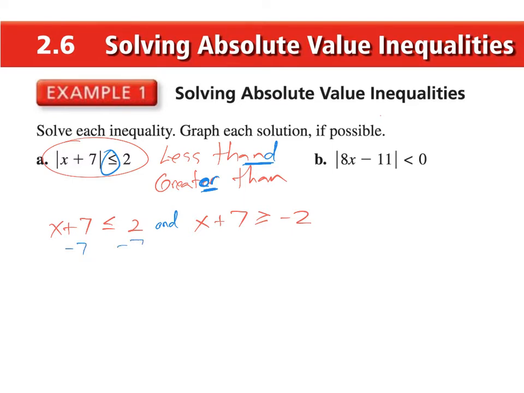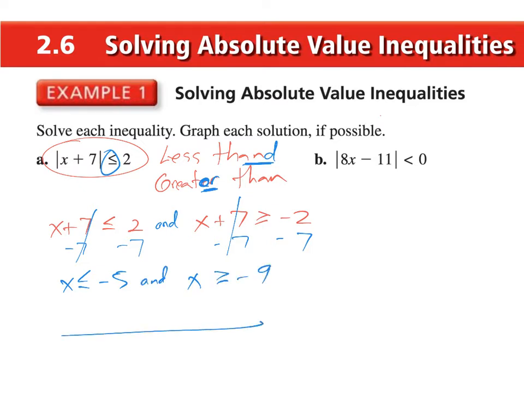So let's solve these inequalities. Now I'm going to graph them. Negative 9 is the smaller one, and it's greater than or equal to, so I'm going to the right. Then negative 5, less than or equal to, I'm going to the left.